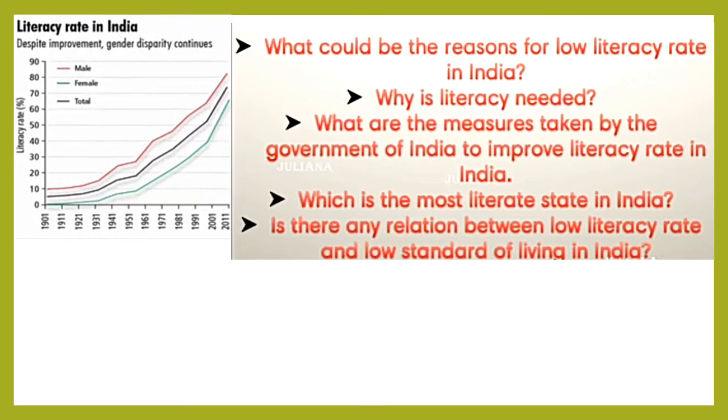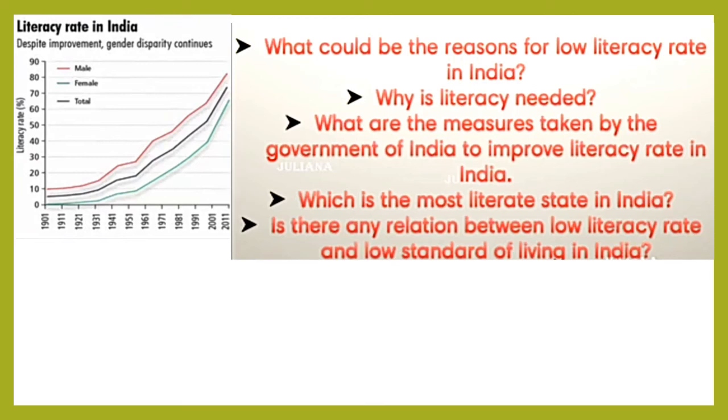Then the second question is, why is literacy needed? Why is it needed, children? As you all know, education liberates us, education empowers us. In India especially, women are facing many social evils and domestic violence. So if women are taking proper education, it empowers them, they can seek justice for themselves.